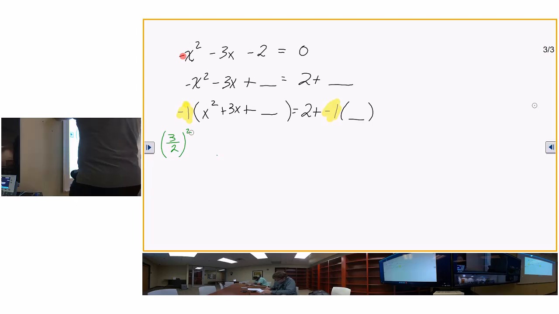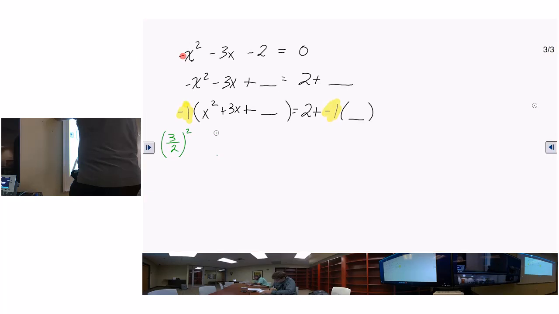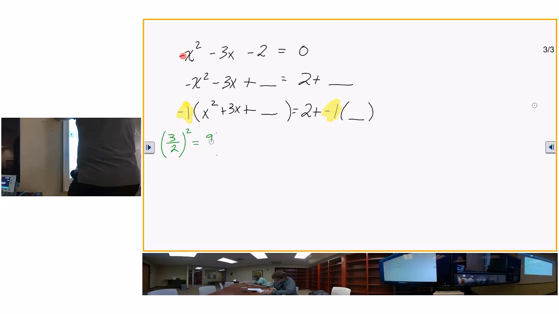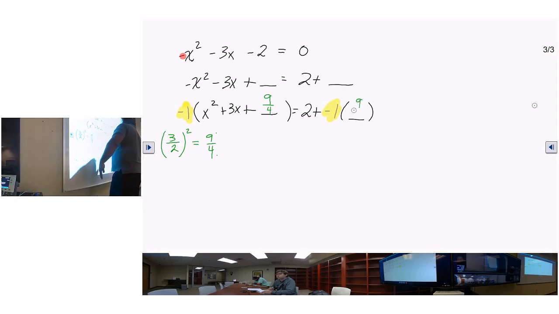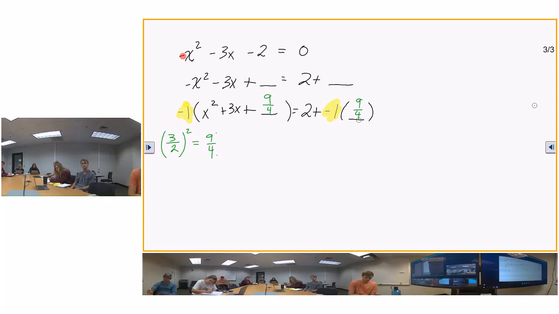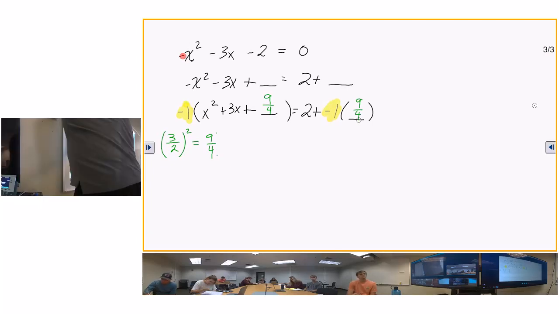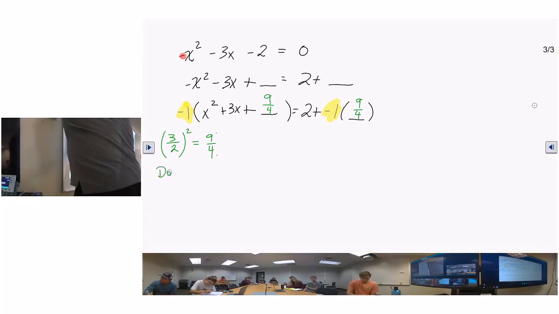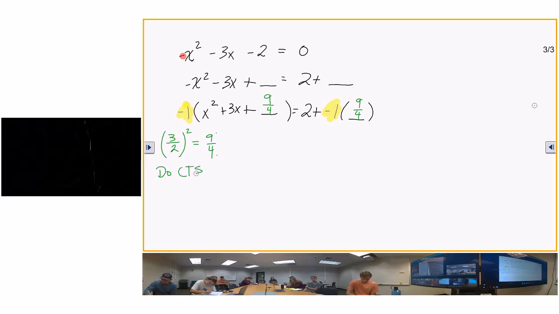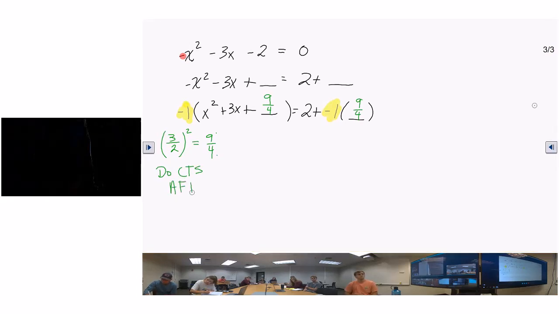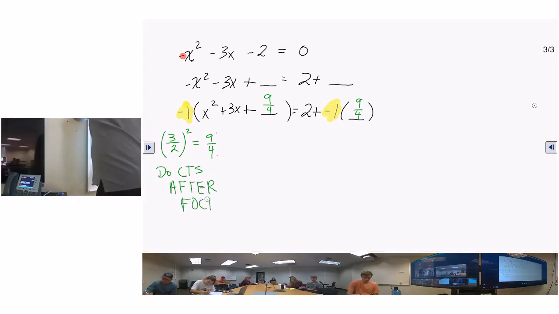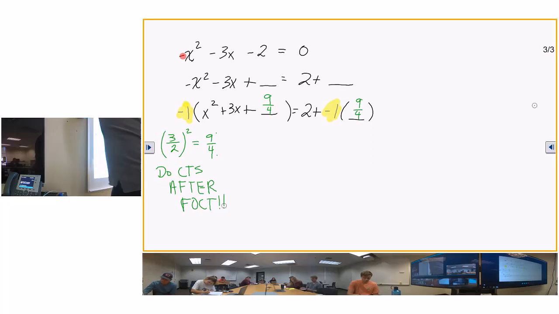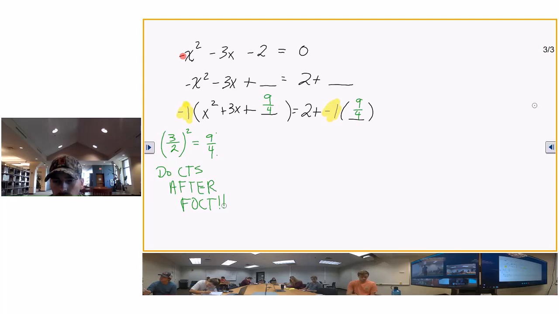You do completing the square after you factor out a common term. Okay, now you can finish it.